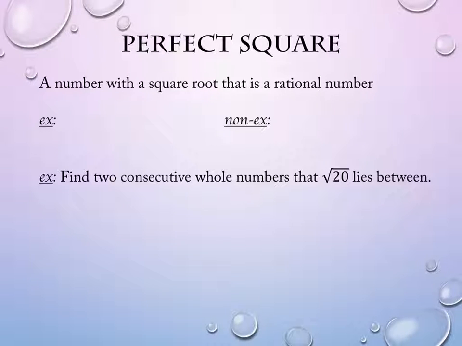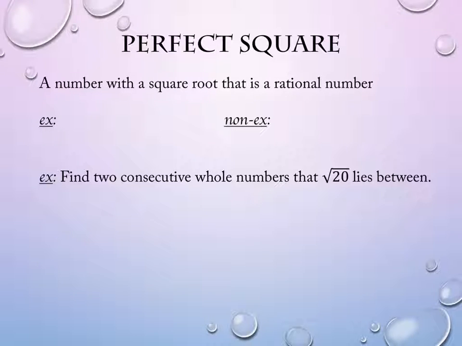So, not all values have perfect squares or perfect square roots. So we call a number a perfect square when its square root is a rational number. And most of the ones we're going to be looking at are even more specifically whole numbers.